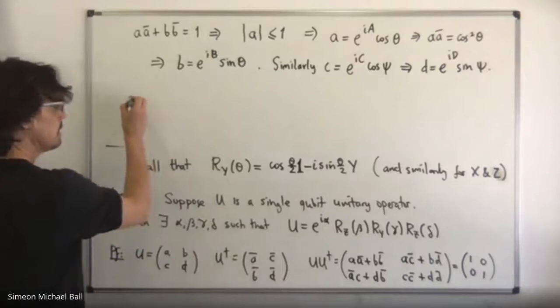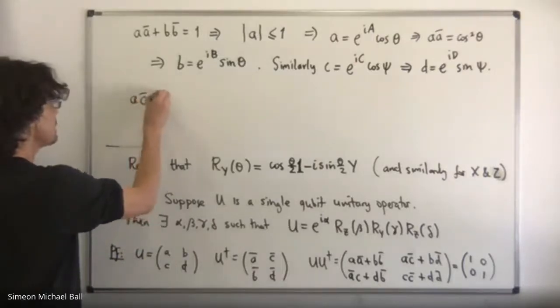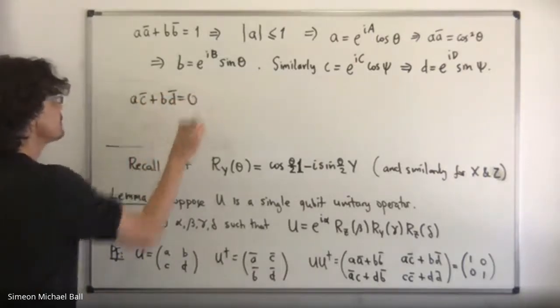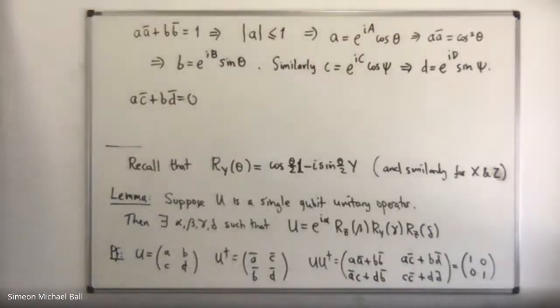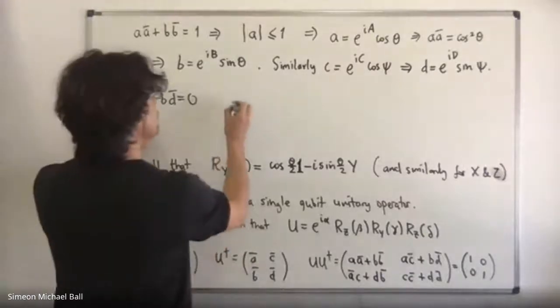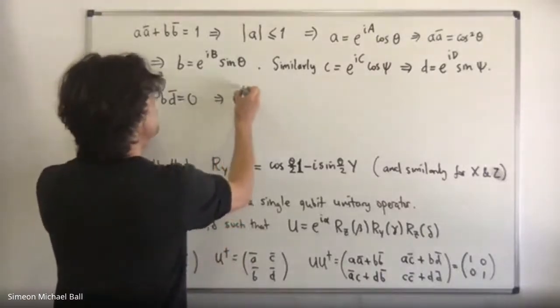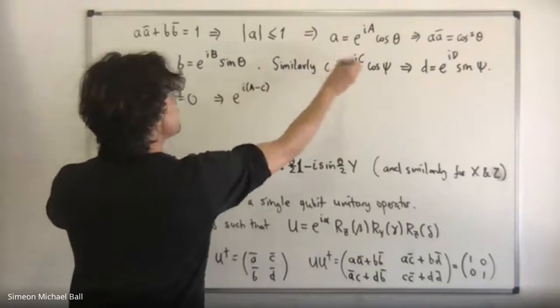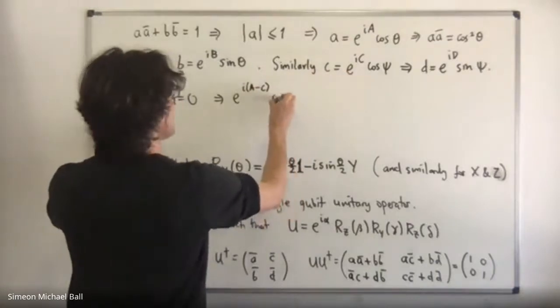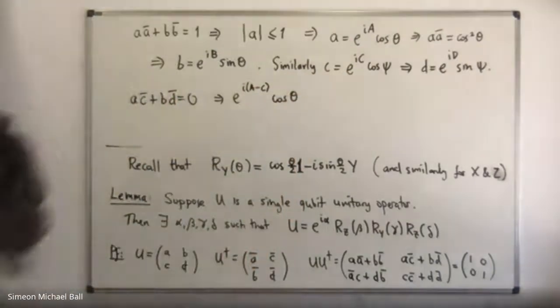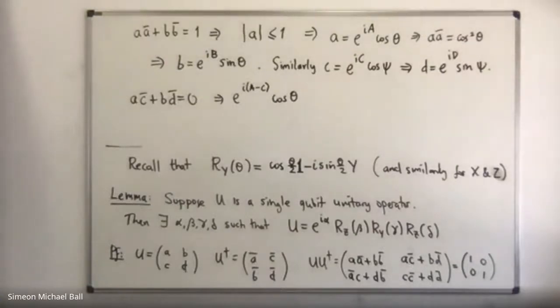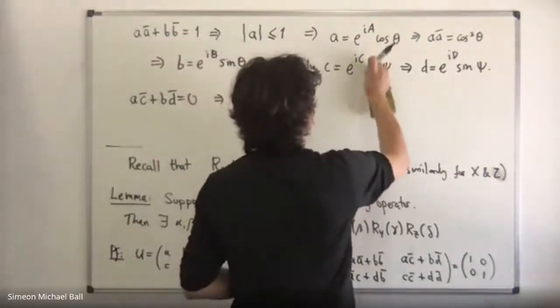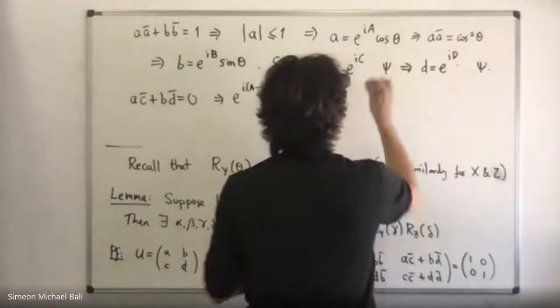Now I have to get these zeros. So A C bar plus B D bar equals 0. Well, let's just be brave and do it. That is e to the i(A minus C) cosine theta, and now I'm worried that I put these sines and cosines around the wrong way. I can choose arbitrarily that to be the sine and that to be the cosine.